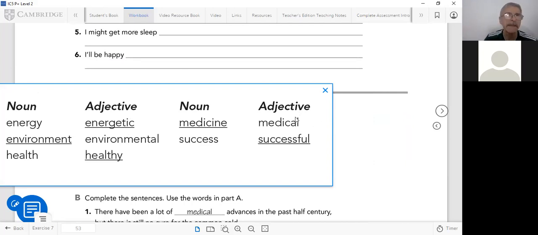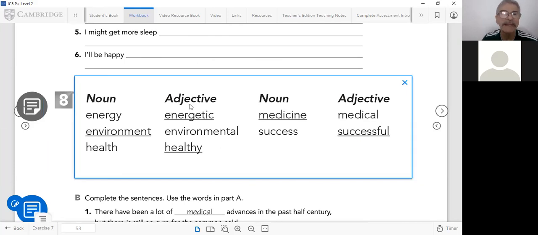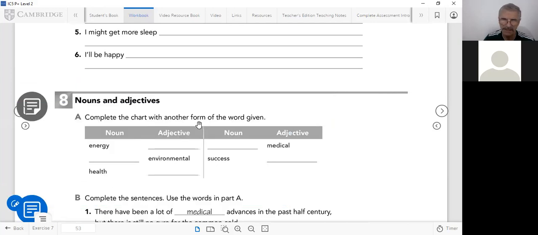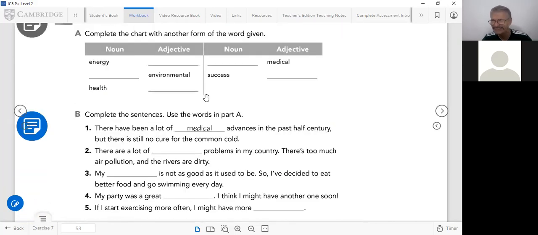For example, principal, principally, technique, technical, or power, powerful. There are so many words, a lot of adjectives, that can be transformed from adjectives to nouns or from nouns to adjectives. You understand the idea?